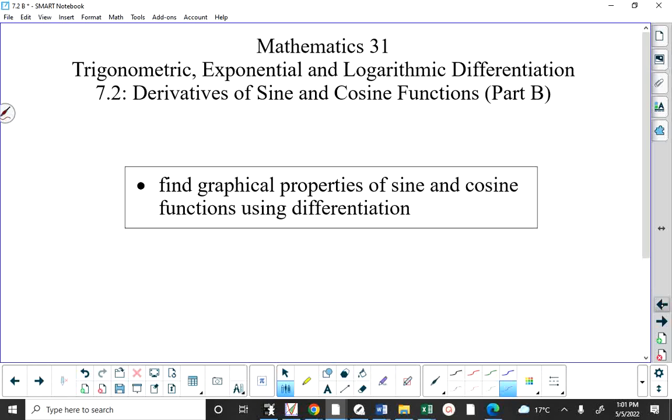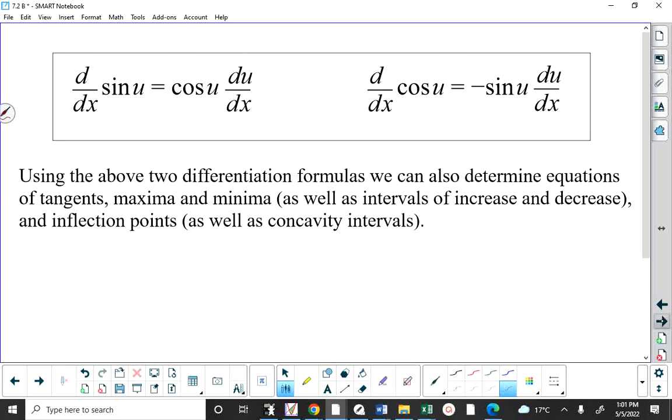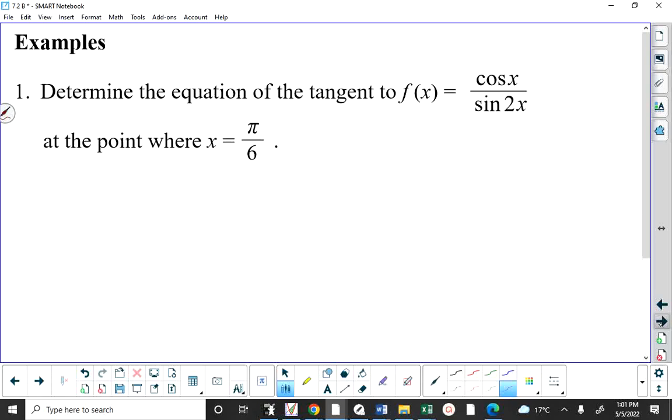So we're going to be looking at graphical properties of sine and cosine functions using differentiation. For example, if we know how to differentiate sine functions and cosine functions, then you ought to be able to find the equation of a tangent line to a sine or a cosine function.